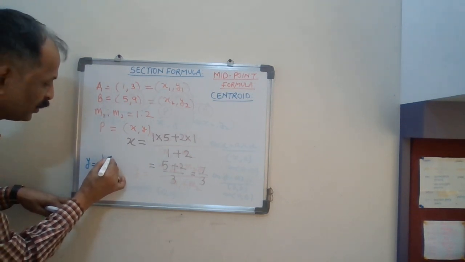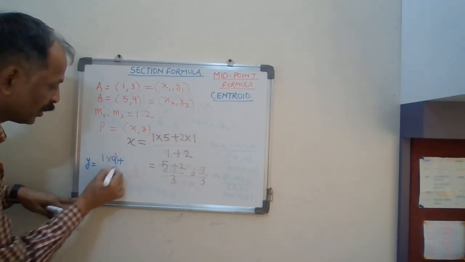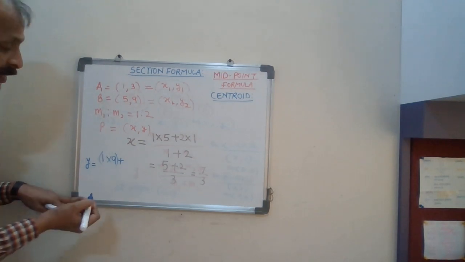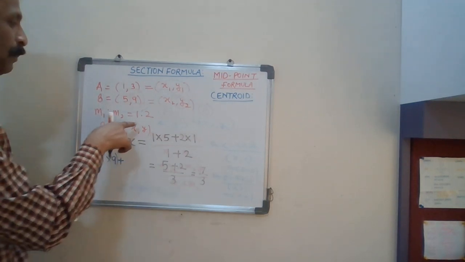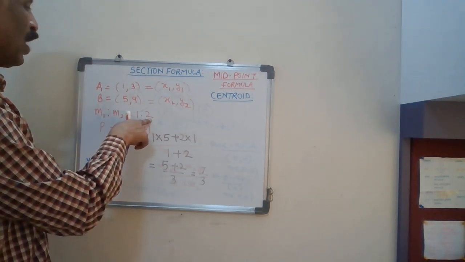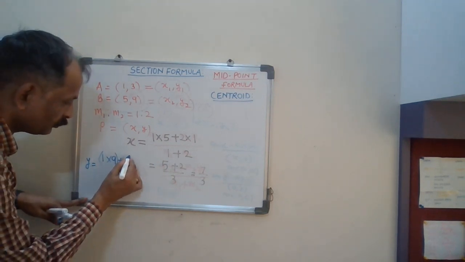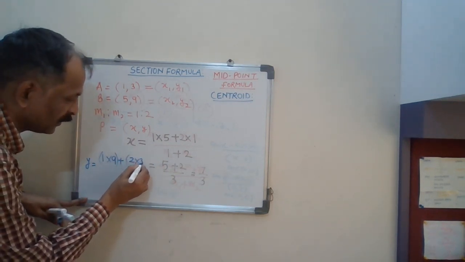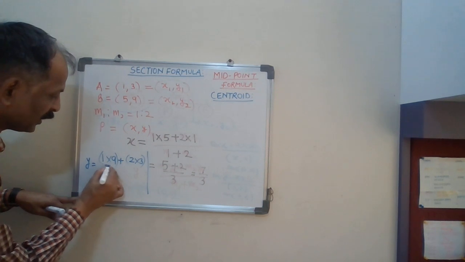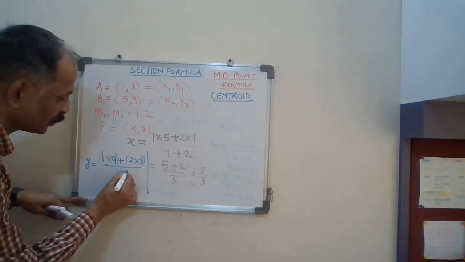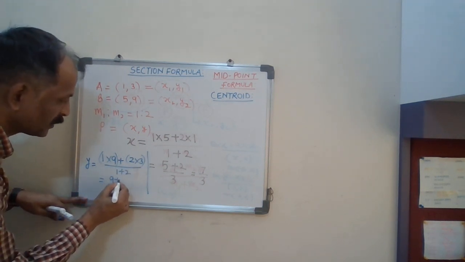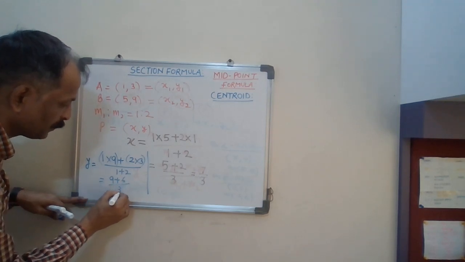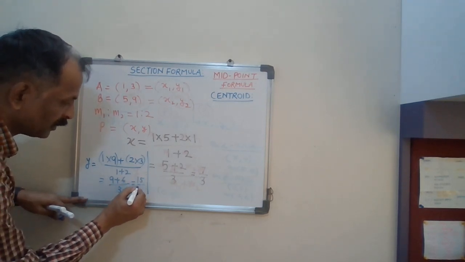So I can say 1 into 9 plus, you can use bracket because there may be negative sign at times, plus m2, so 2 into y1, 2 into 3. You can solve it. And upon same 1 plus 2. So it comes 9 plus 6 upon 3, which is 15 upon 3.